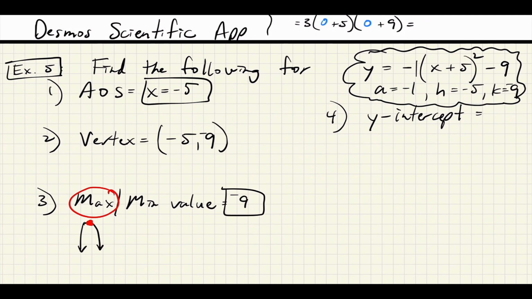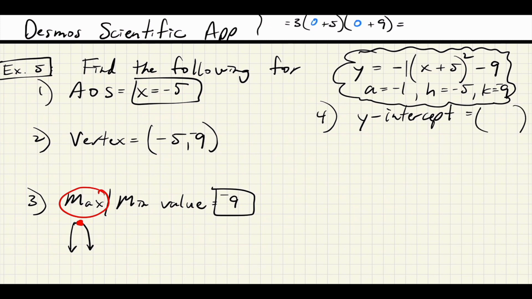Y-intercept. So the y-intercept is 0, comma something. I'm going to plug in 0 everywhere I see an x. I only see it in one spot. I'm going to plug that into the calculator.